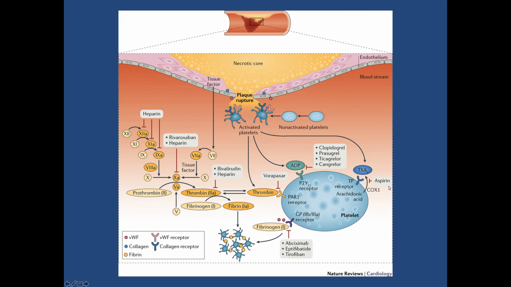Aspirin, the first antiplatelet agent that we're going to discuss, irreversibly acetylates COX-1 and prevents this binding of thromboxane, so prevents platelets from becoming activated through this pathway. The P2Y12 inhibitors, clopidogrel, prasugrel, ticagrelor, and cangrelor, all inhibit the P2Y12 receptor from binding adenosine diphosphate.